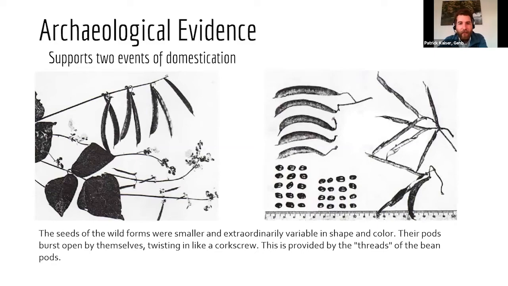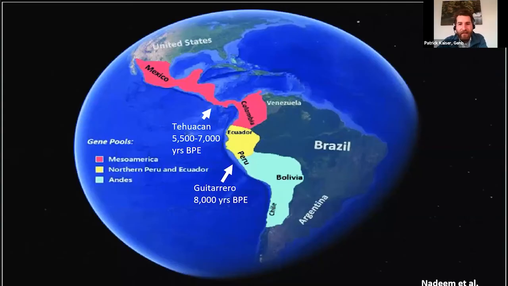Showing that on a map, you can also see the places of the oldest findings of beans. One is in Tehuacán, where they found beans dated 5,500 to 7,000 years before present. And also in the Guitarrero cave area, the findings were dated to about 8,000 years before present, which is, I guess, quite amazing, that they are already so old.